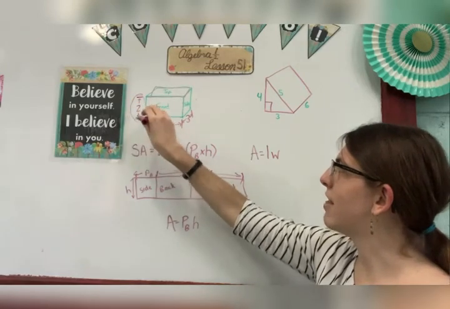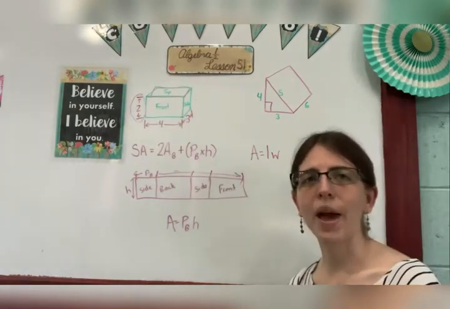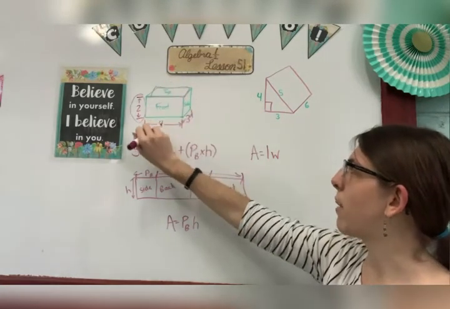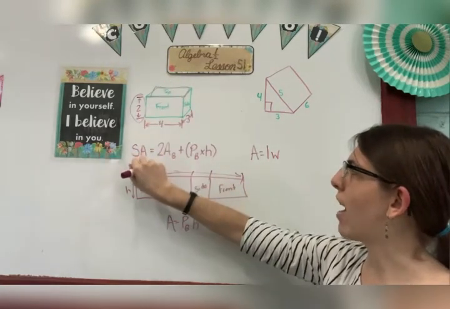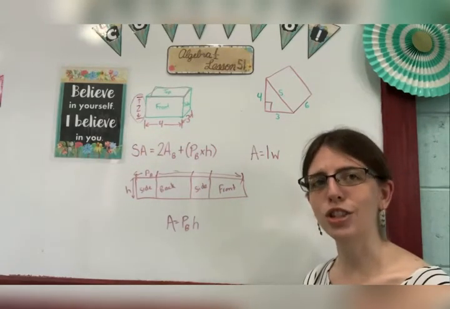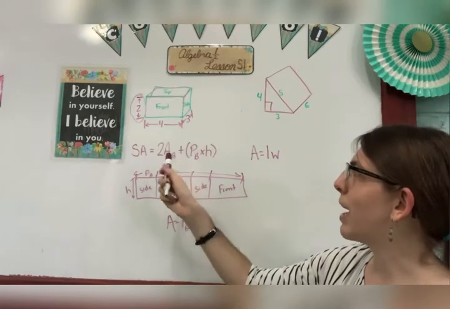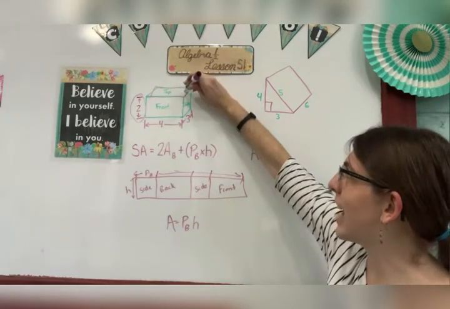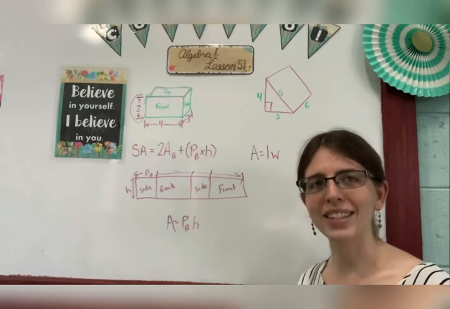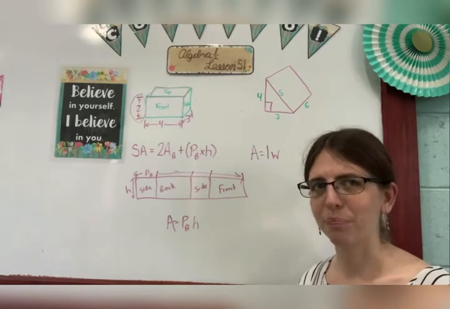That will give me this area all the way around. And I found the area of the other two parts of my shape when I found the area of the bases, and I multiplied it by 2. I can multiply it by 2 because the shape is the same on the top as it is on the bottom. So the area is the same for the top and the bottom.